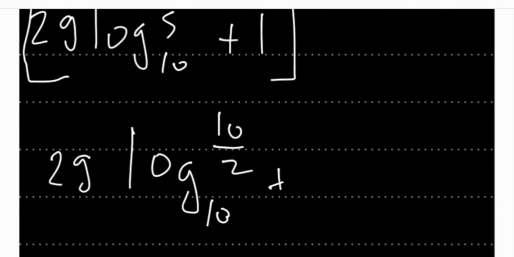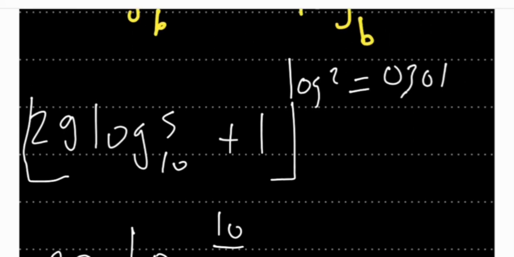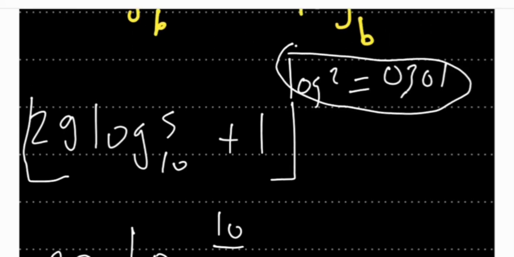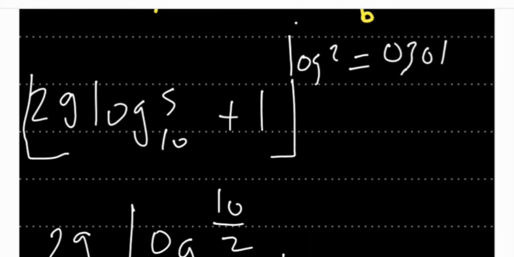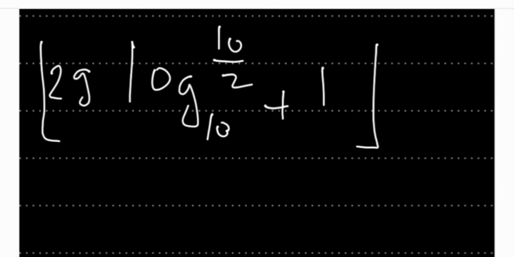So you need to think, we have 5 and the only information is log of 2. So how can we connect 5 and 2? Well, 5 is 10 divided by 2. Now here plus 1, and we have the floor function, okay?